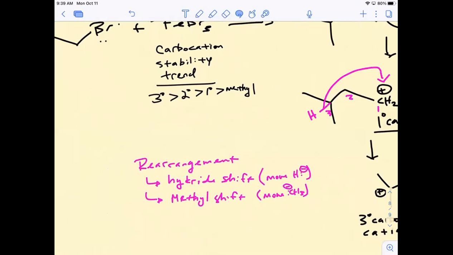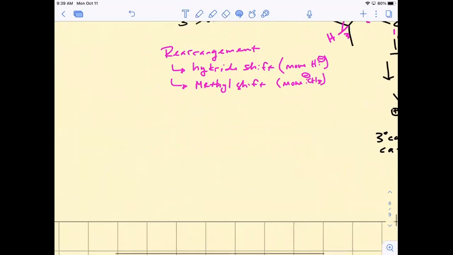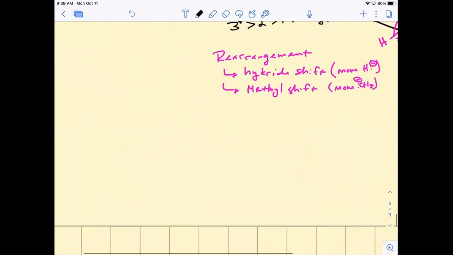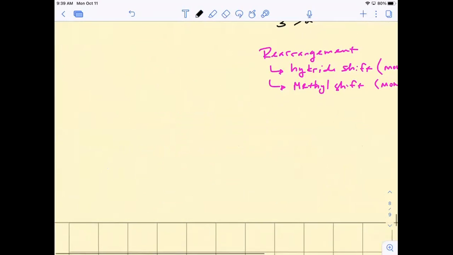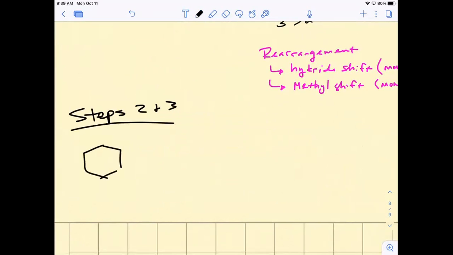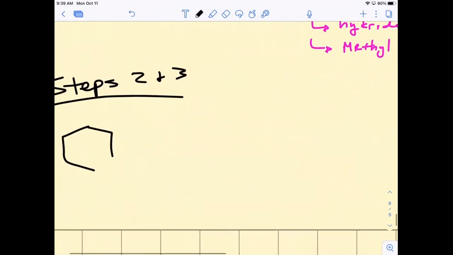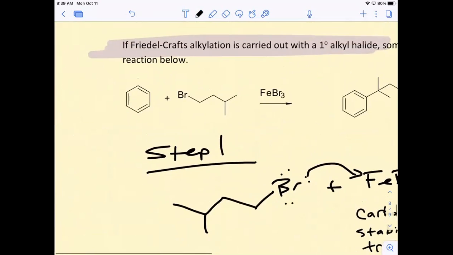Move that up. So that is what gets attacked in step 2 by the ring. I'm going to just combine steps 2 and 3. So it's the ring here attacking the tertiary. Make sure I've got my double bonds in the right place.